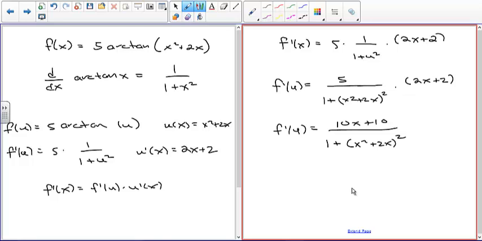Instead of x, I put in u. I look at the formula, put u instead of x in there. This part's just normal polynomial differentiation. I write out the chain rule, plug it in, make it in terms of x, do a little simplification. That's all there is to it.